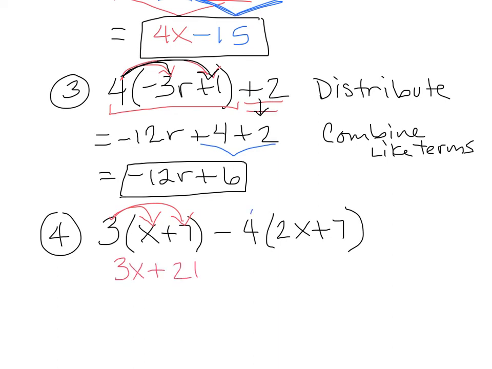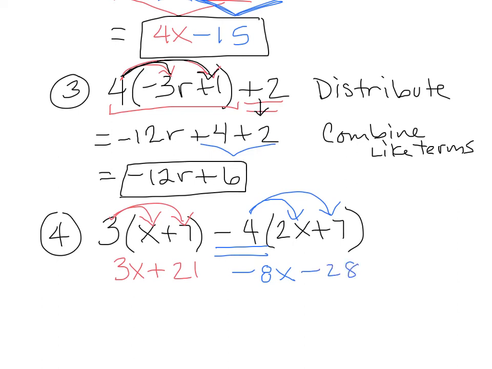The 4, now it's not just a 4, it's a negative 4. Okay, that negative is important. That gets distributed over here. So we get negative 8x, and then still negative 4 times positive 7 is negative 28.